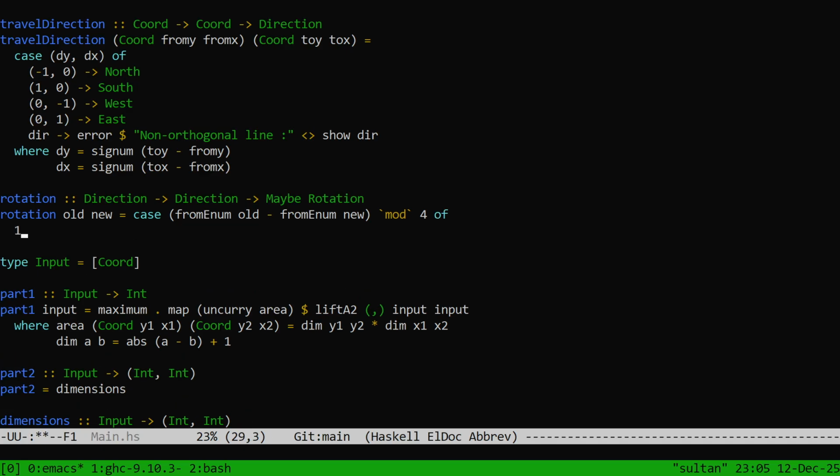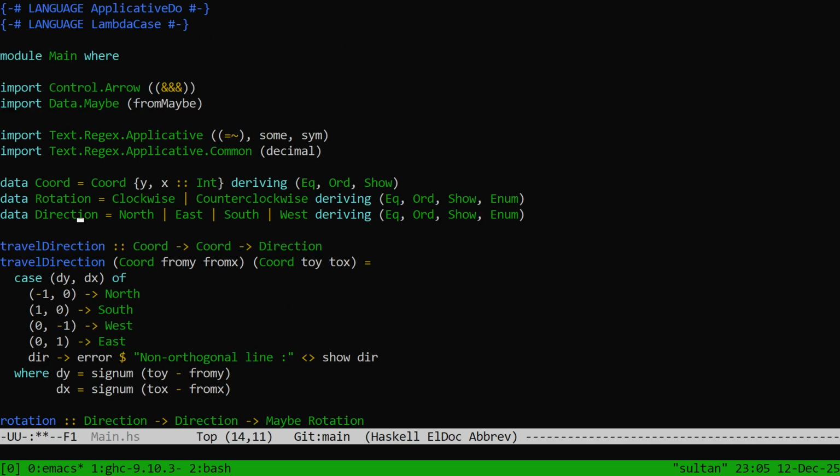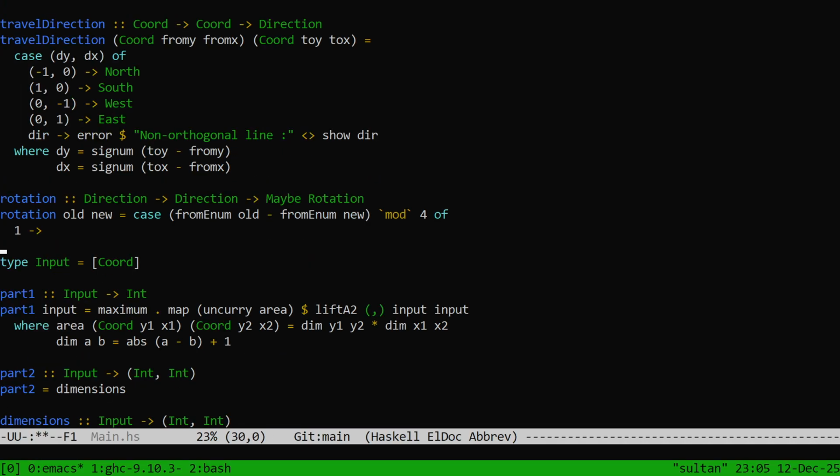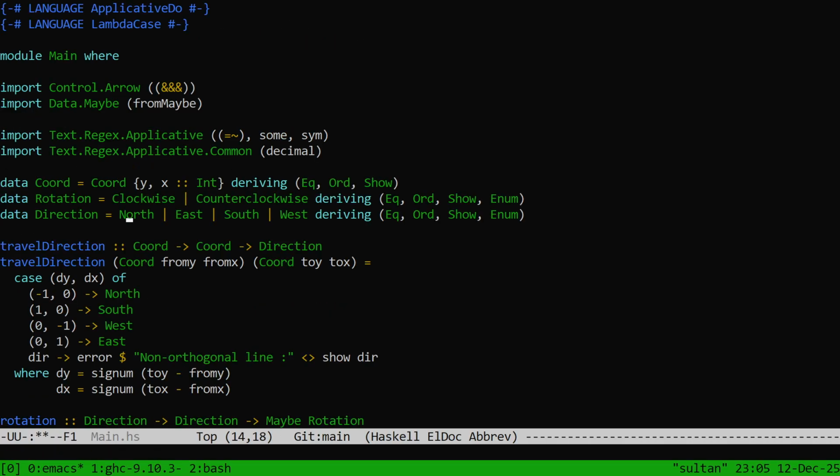So if this is 1, then what would be that? That would be an example of going from east to north? Or no? Old minus new.